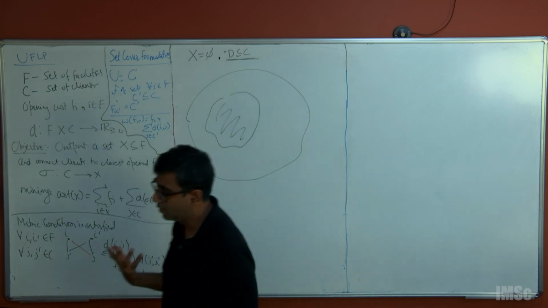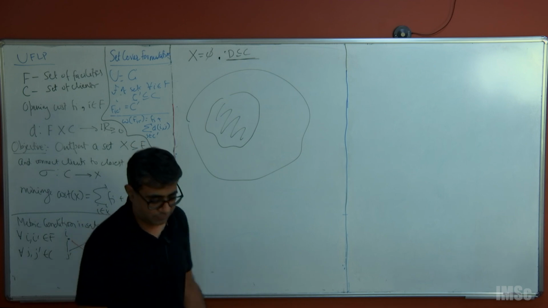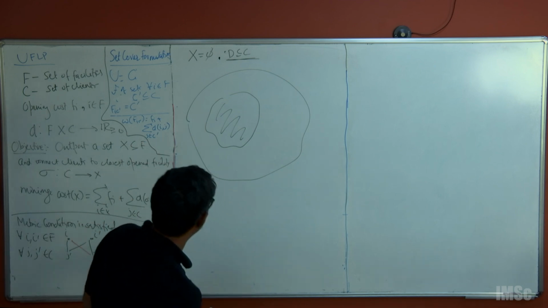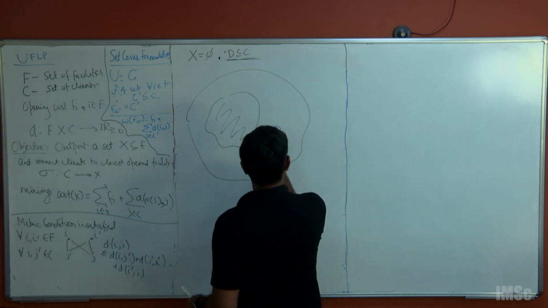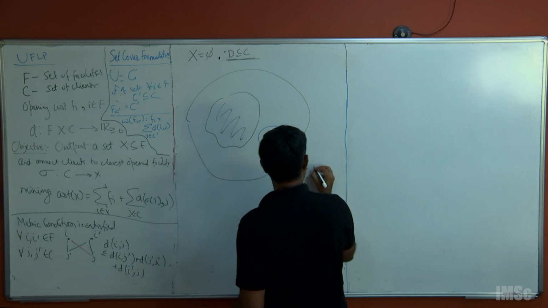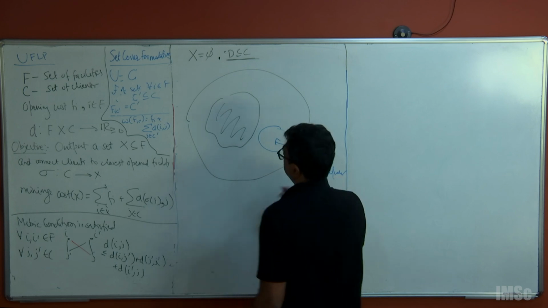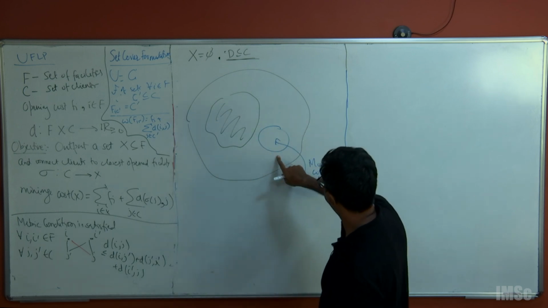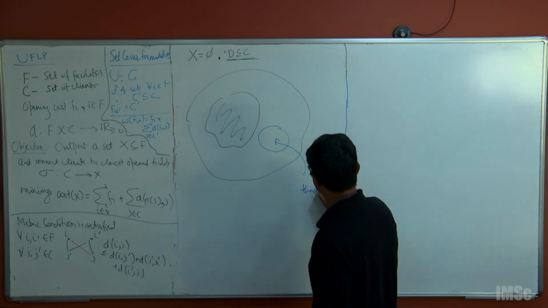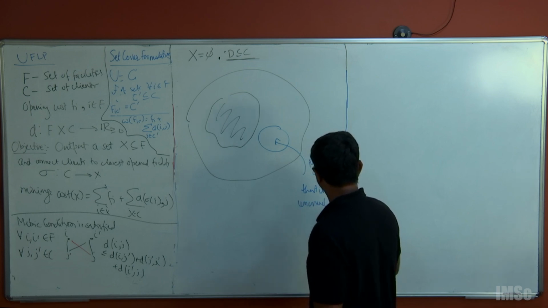So if we were doing a set cover algorithm, what will we do? We generally do the following: we pick up the most cost effective set that covers uncovered elements, right?